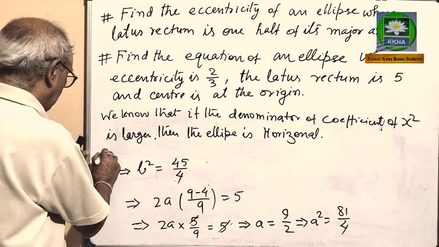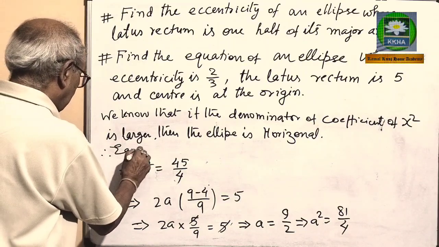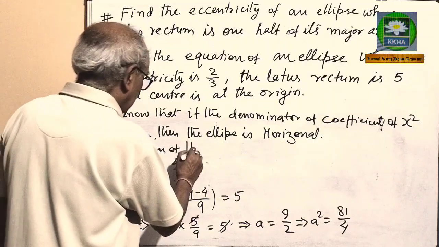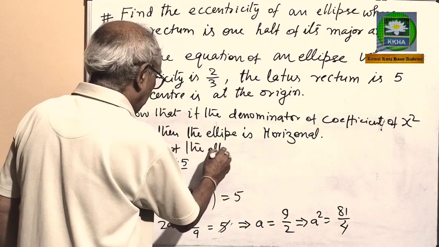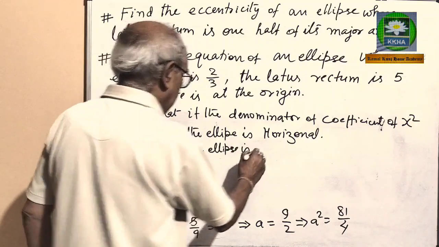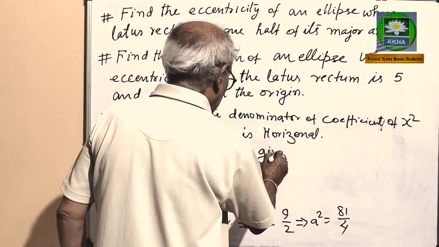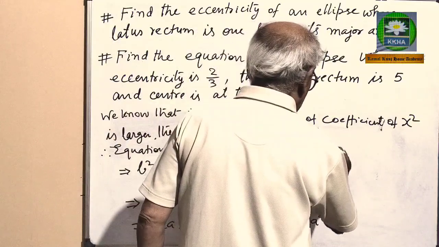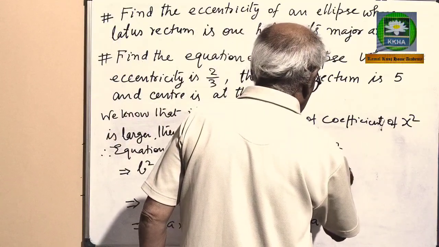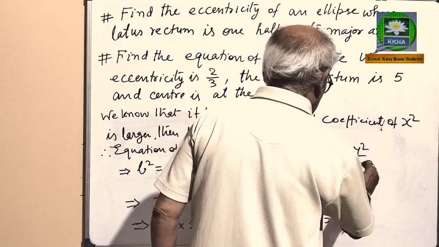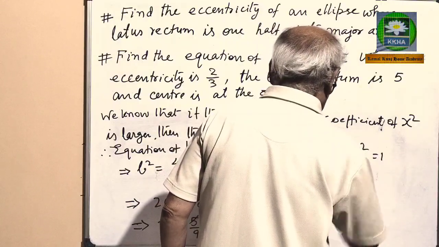Therefore, the equation of the ellipse is given by x square upon a square plus y square upon b square equal to 1.